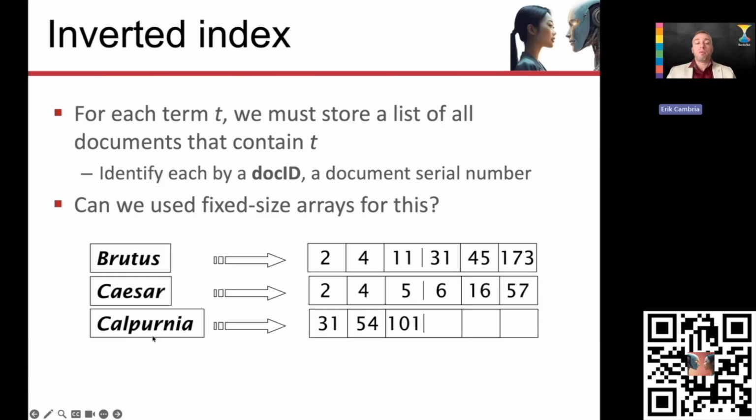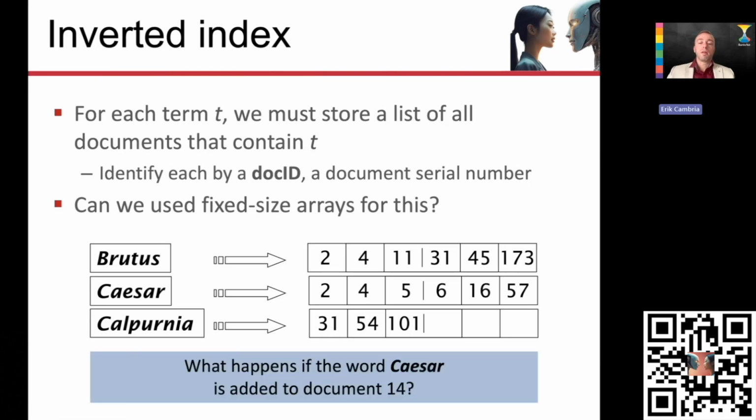So for example, this vector 31, 54, and 101 tells me that of all the documents I have, which could definitely be more than 173, the word Calpurnia only appears in document number 31, document number 54, and document number 101. What happens if documents change and a new word appears?